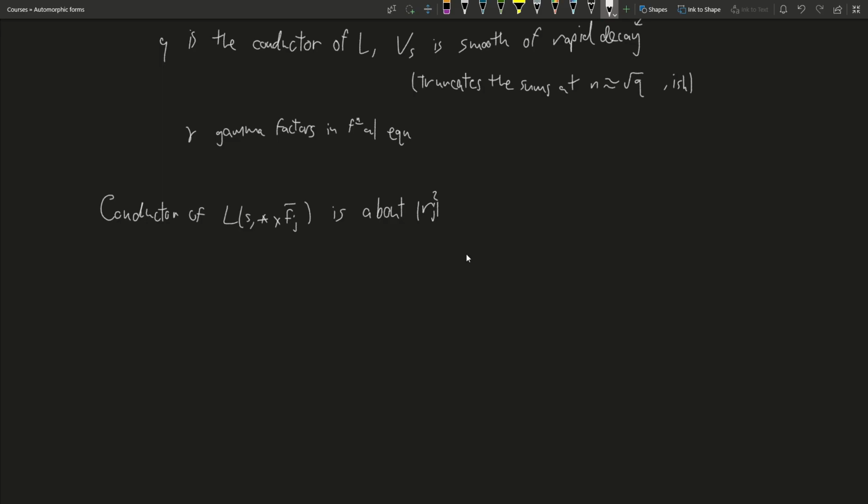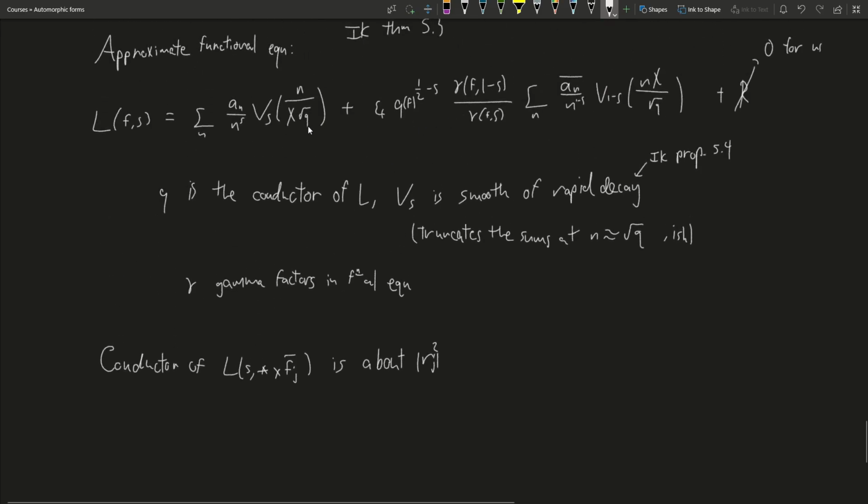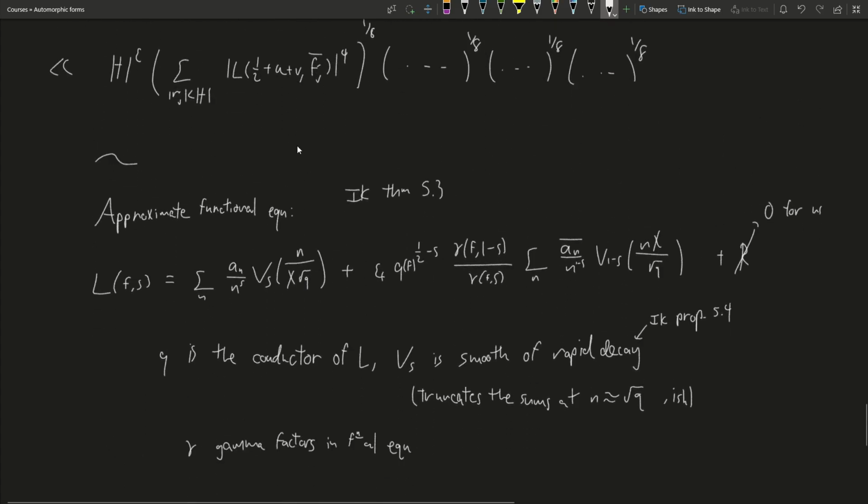And what that means, with this approximate functional equation, is that we're also looking at the 4th power of this.